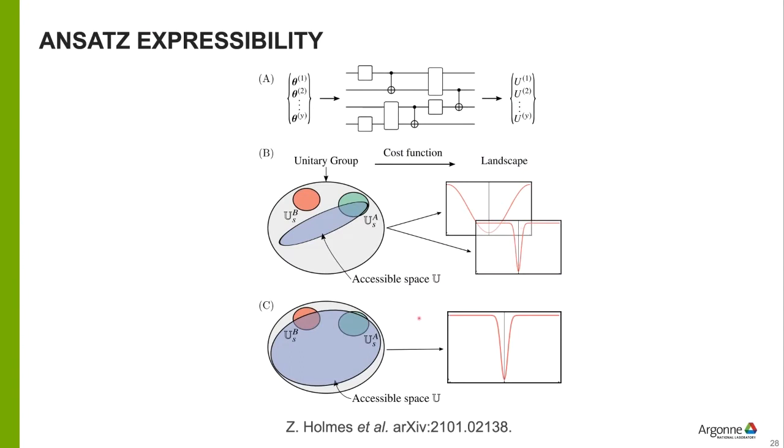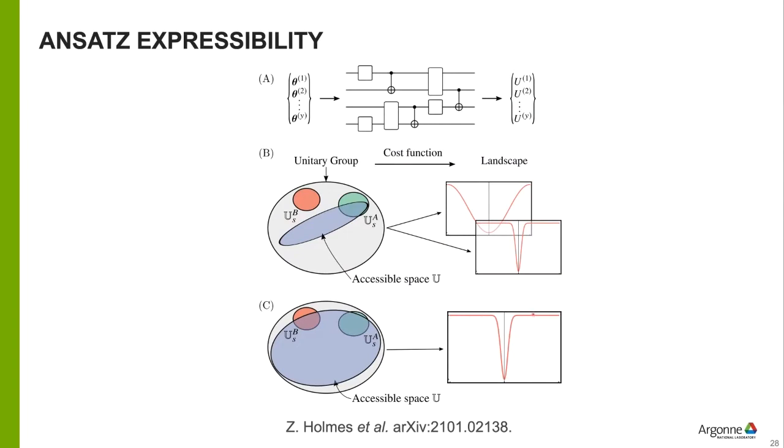And once you increase the expressibility, in this case here, which includes the solution to both of these problems, you are bound to have this kind of cost function landscape, where essentially you have this small region where the derivative of energy is not zero, but in all other regions, the derivative essentially is zero.